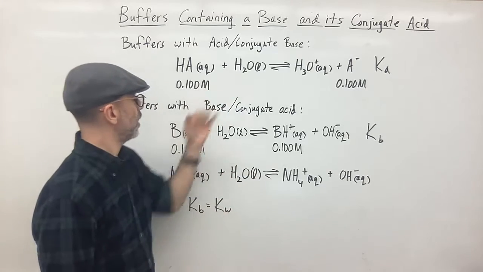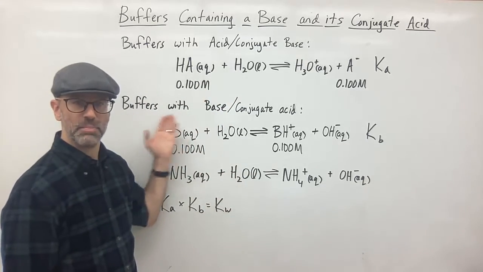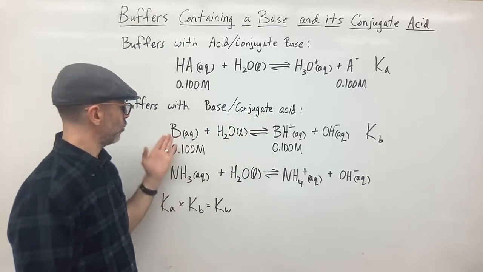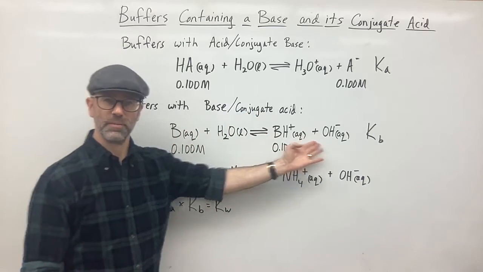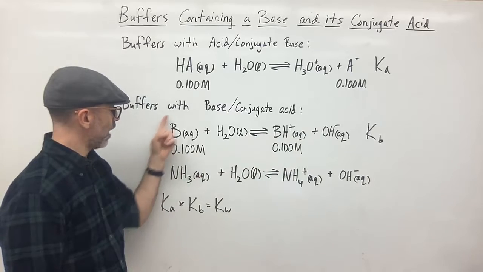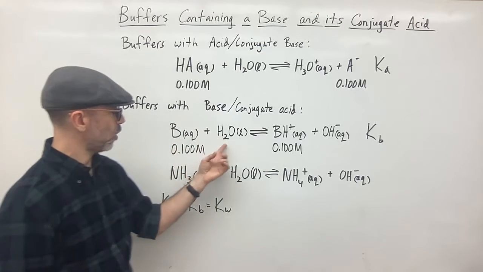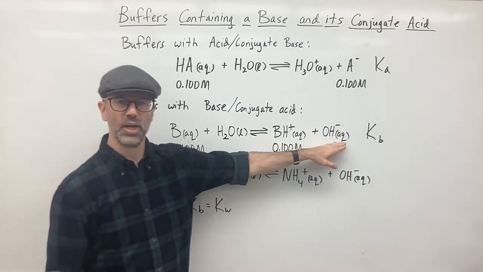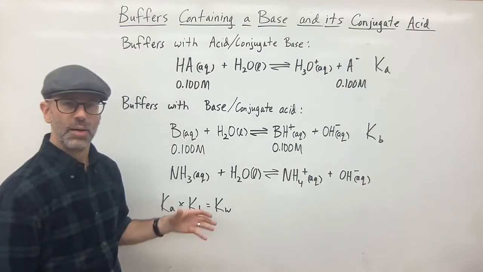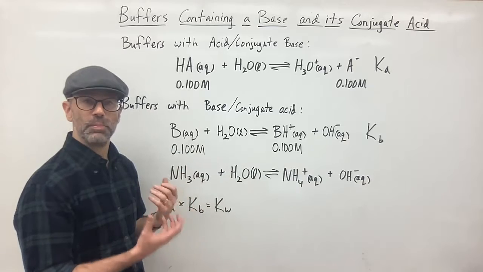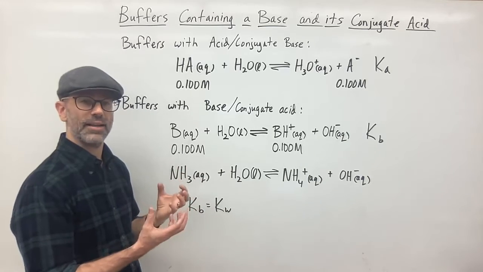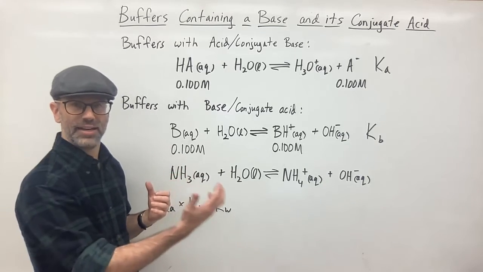But you could also have a buffer that has a base with its conjugate acid, so the equation would look different here. You have some sort of base, you throw it in water, it reacts with water, takes a hydrogen from the water, and you get OH minus. But again, for your buffer, you're looking at the concentrations of base and conjugate acid.